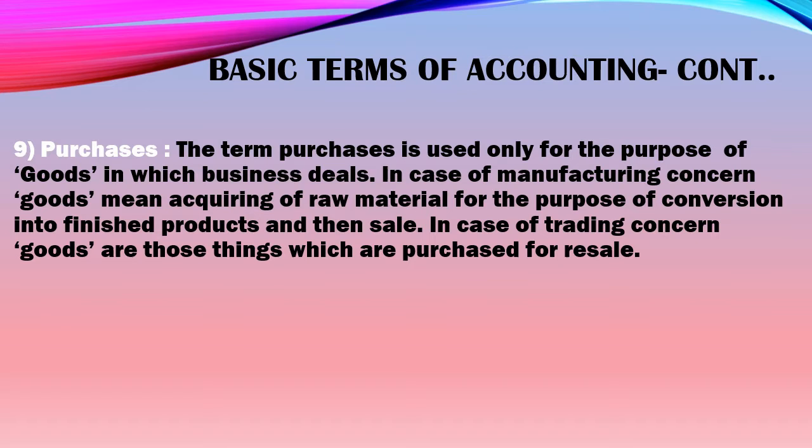That will be called purchase because you are regularly dealing in the product, furniture. Even in a trading concern, when you purchase ready-made furniture for resale, that will be called purchase.